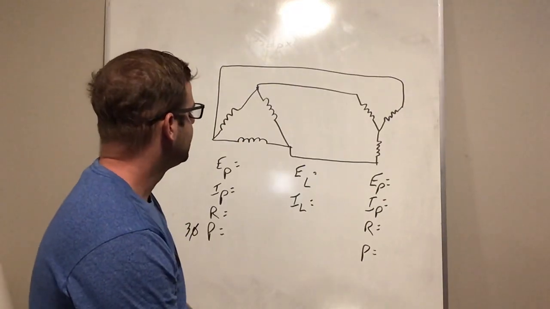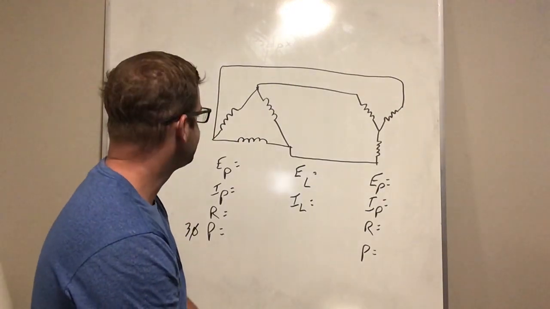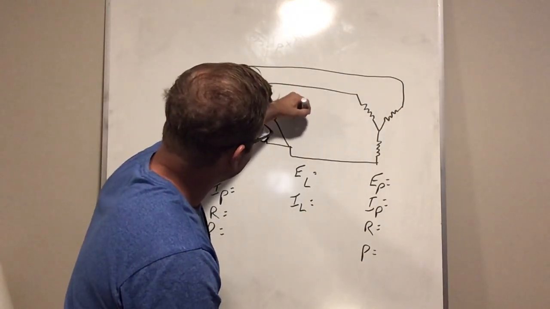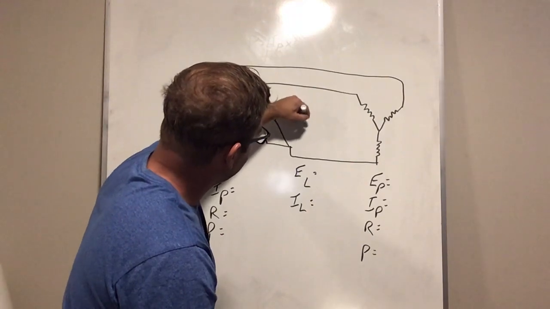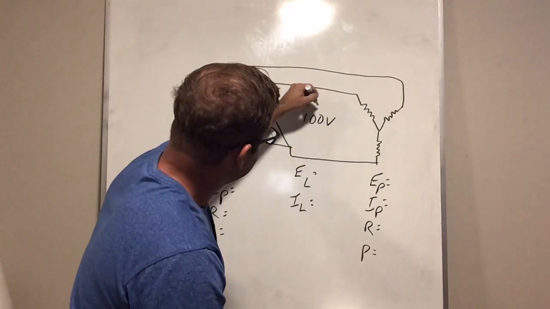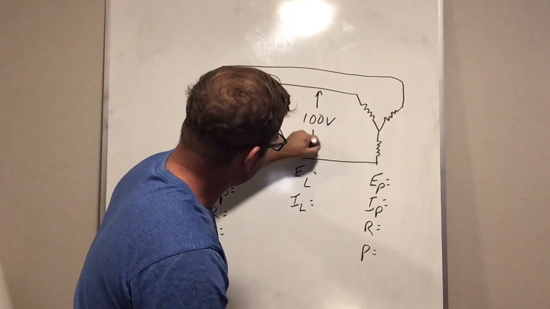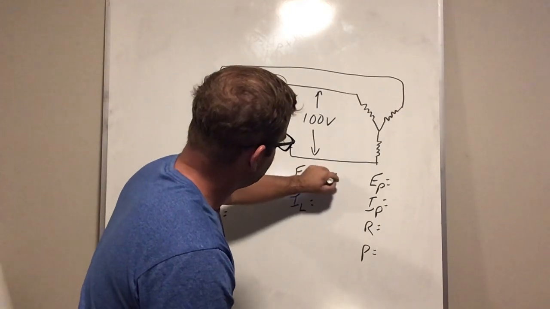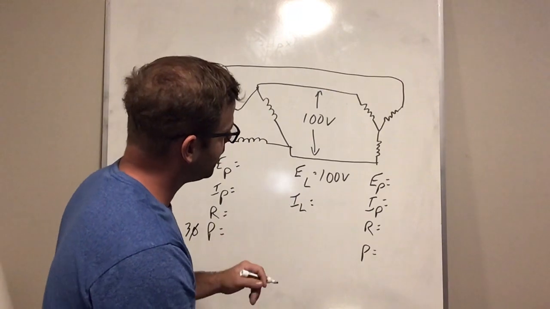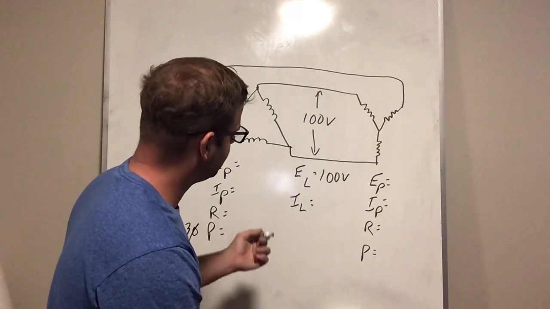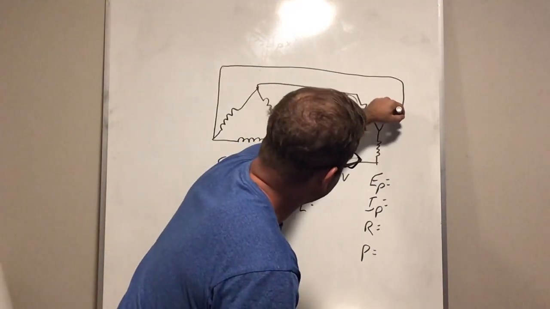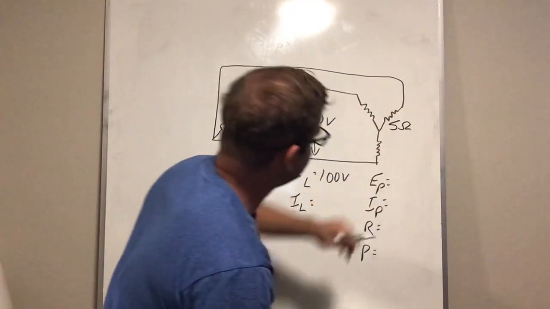Okay, we're just going to use some easy values to go through with. Let's use a line voltage of 100 volts. And we are going to do a resistive load of 5 ohms per phase.